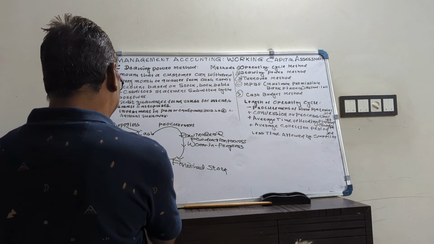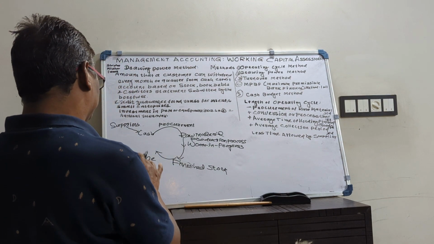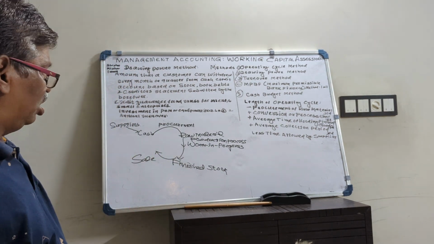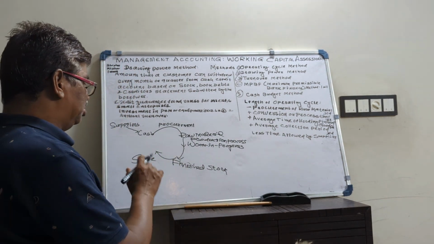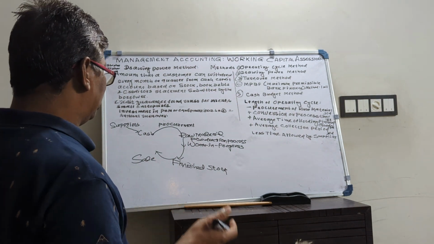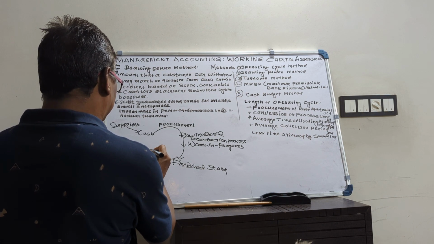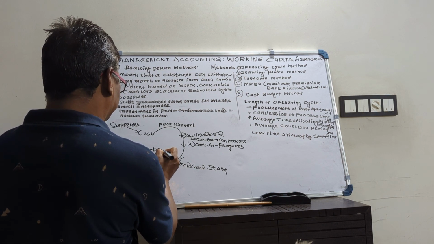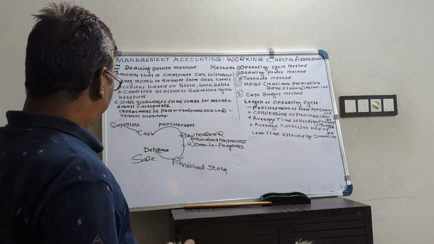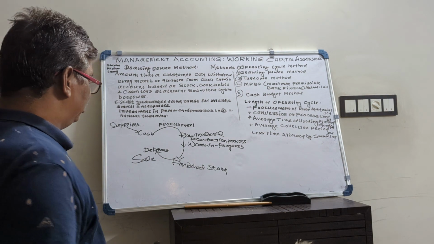Sales may be on cash basis and credit basis. A very small portion of the business is in cash, the major portion is on credit. So that is receivables, debtors plus bills receivable.